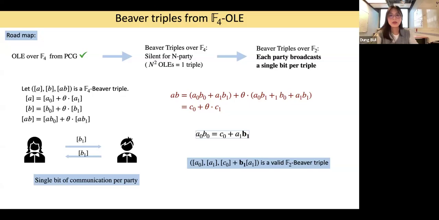And so the cost here is that each party only needs to broadcast a single bit per triple.